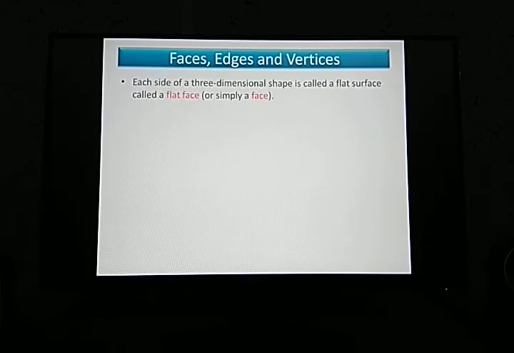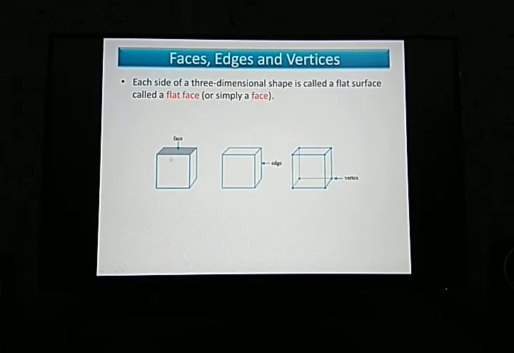So first of all, each side of a three-dimensional shape, there would be a side definitely. These sides of a three-dimensional shape, which is also called a flat surface, is called a flat face or simply a face. It will be clear by showing you an example. Say for example, this is a cube, any cubical box, ice cube or whatever, cubical shape.